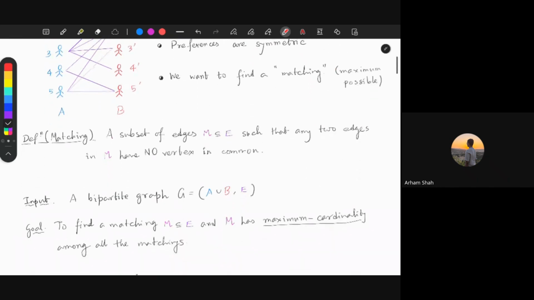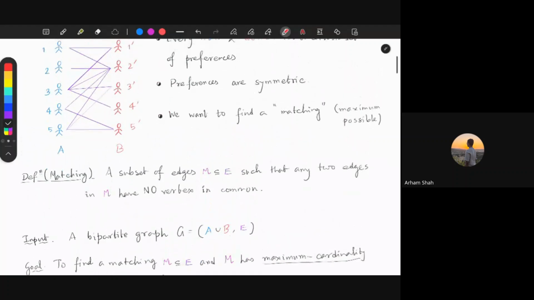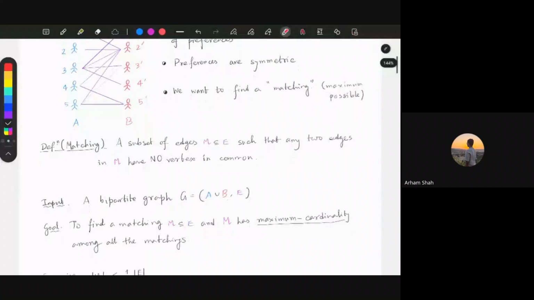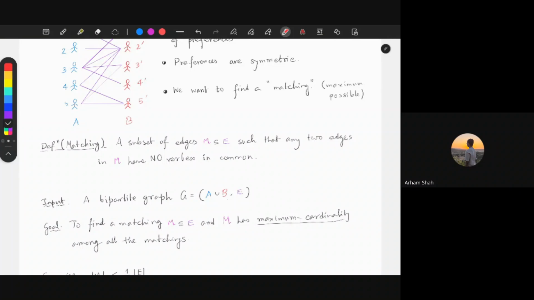Again, to understand further, we first formulate it rigorously. Say we have a bipartite graph. Have you seen bipartite graphs in Devansh's graph theory tutorial? Maybe you can write it in the chat.